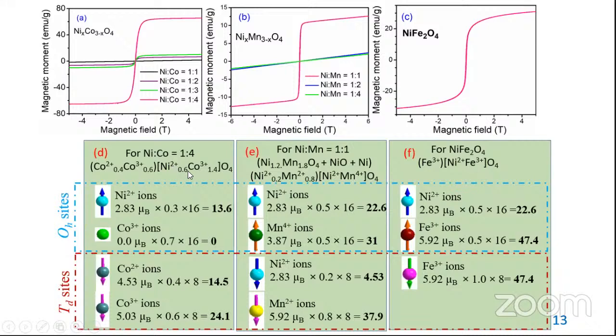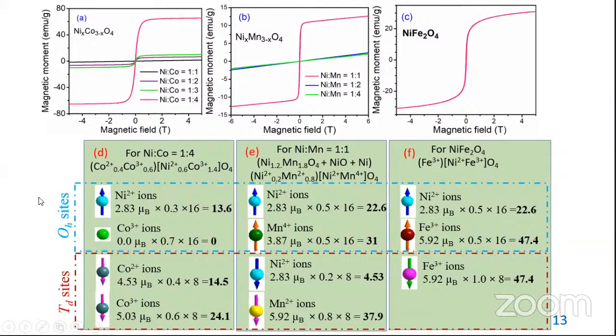As I told you, there are 16 octahedral sites in a unit cell. So we calculate the total contribution of nickel, about 13.6 Bohr magnetons. Cobalt has no contribution there. We did the same for the tetrahedral sites, where the cations are about 40% and 60%, cobalt 2+ and cobalt 3+, and we calculated their total magnetic moment.